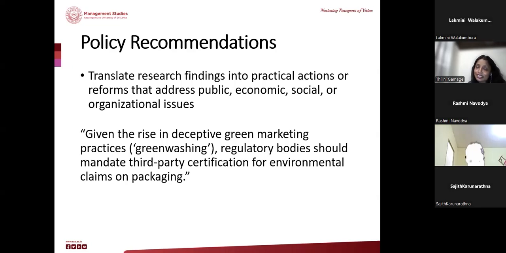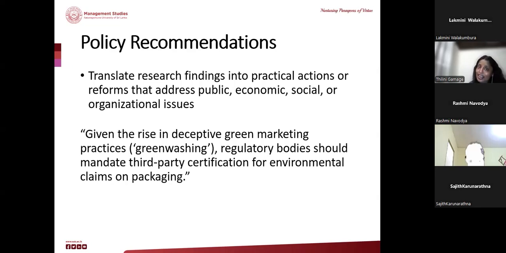Based on the specific findings, the researcher can suggest very specific actions or changes that policymakers can implement.